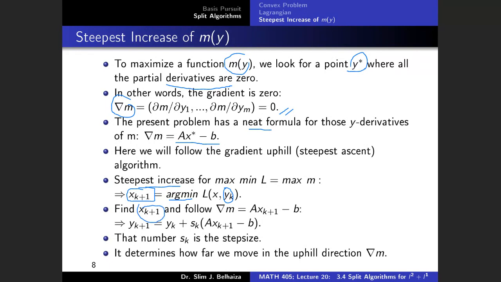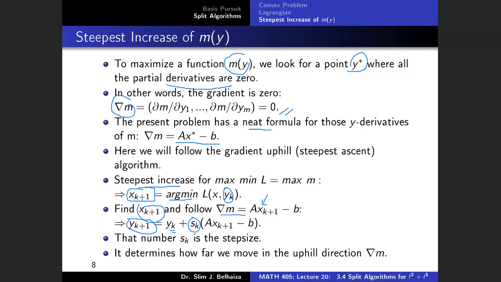Now you take your x_1 and plug it in the gradient of L, as you see, and you just update your y_k. So you write y_{k+1} equal to y_k plus s_k times (A x_{k+1} minus b).